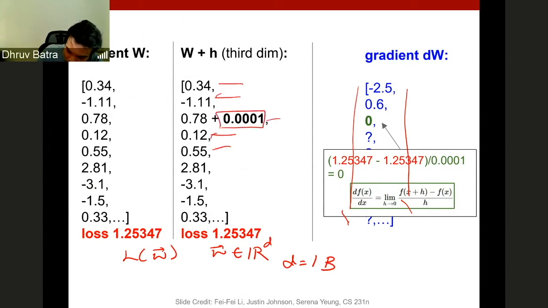I have to make a small change, compute the loss value again, and then estimate this. So the computation of L can get very, very slow if I have to keep doing this for every coordinate separately.